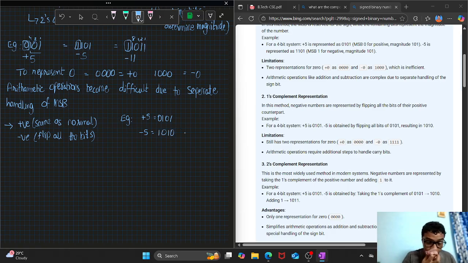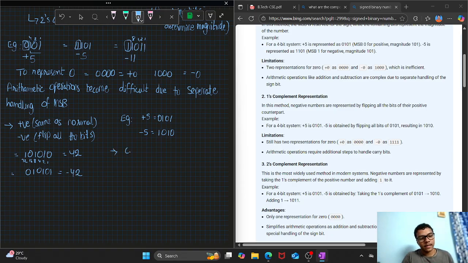That is it. So let's say 101010. What is this number? 1, 2, 4, 8, 16, 32. So 32 plus 8, that's 40, 42. So minus 42 will be 010101. That is minus 42 according to one's complement form.